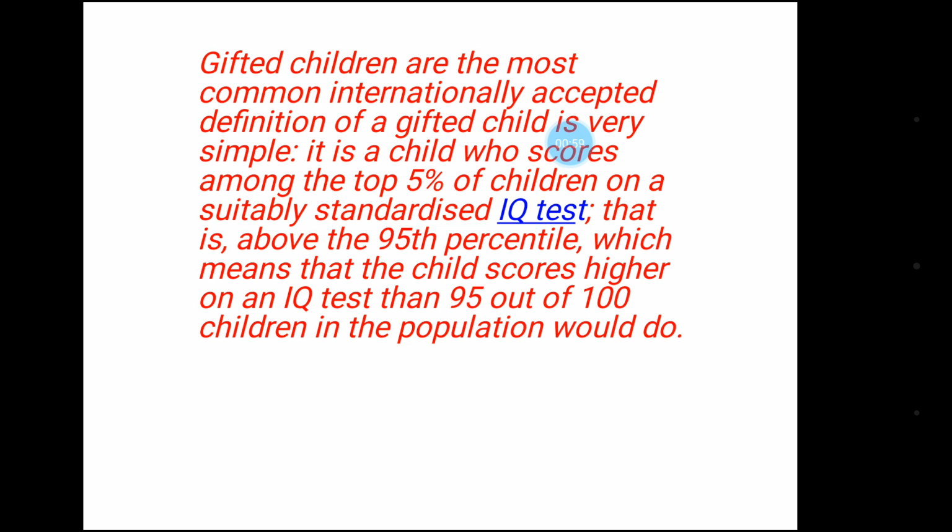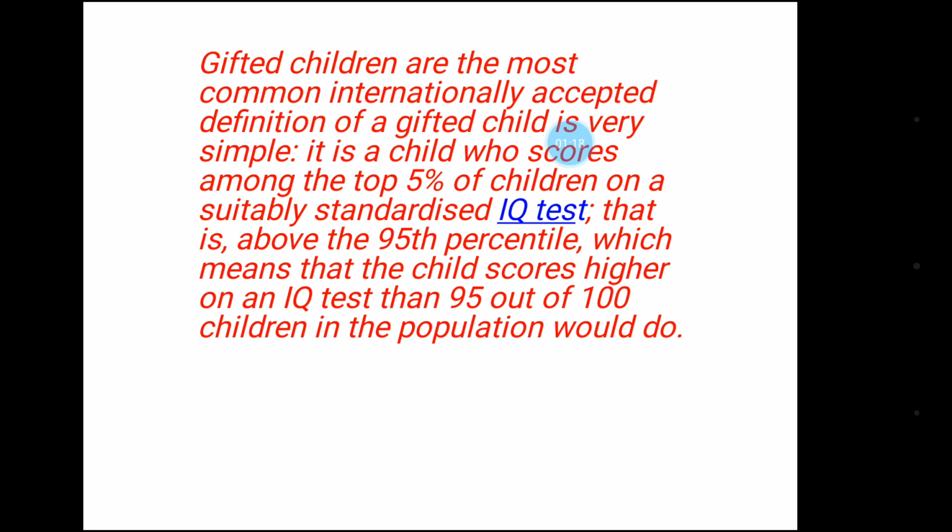And when we compare such students with their peer group or with their classmates, of course such students have above average ability, above average IQ when compared with other students.